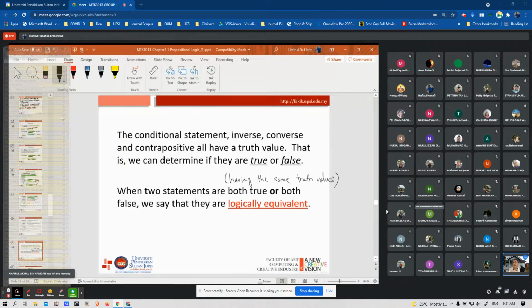All have truth values. A truth value is either true or false. Please bear in mind, when two statements are both true or both false, we can say that they are logically equivalent, when they have the same output of truth value.